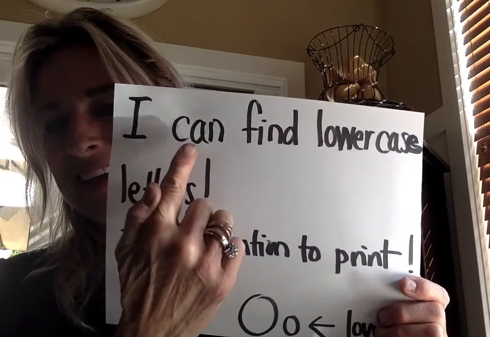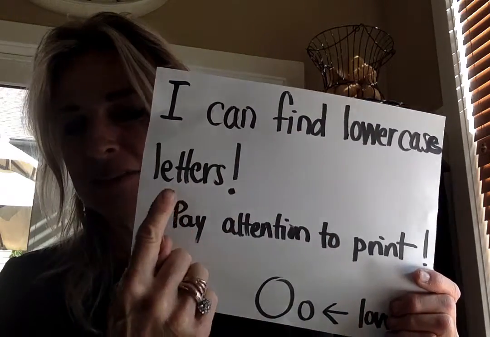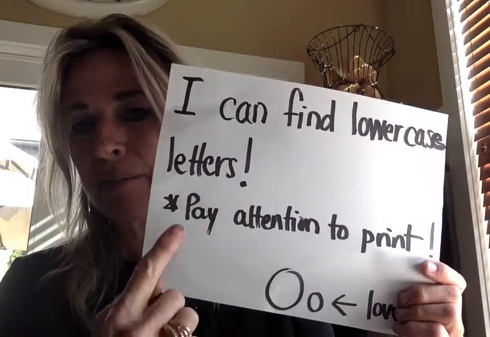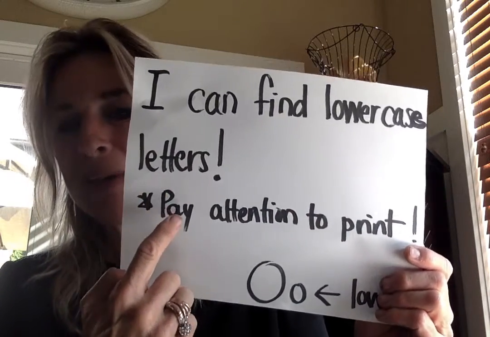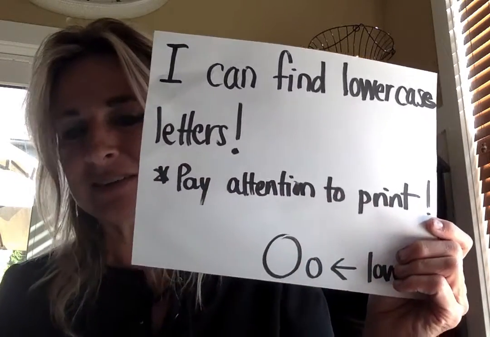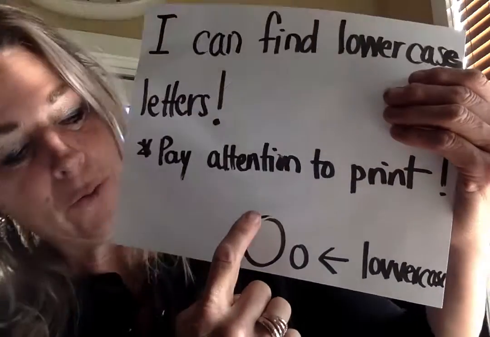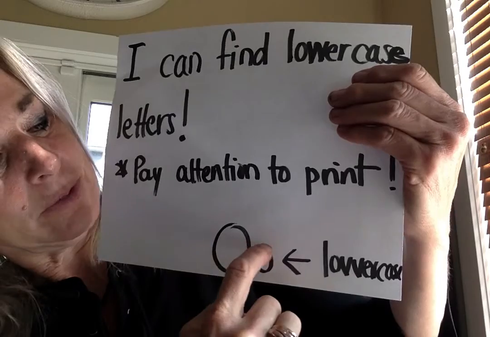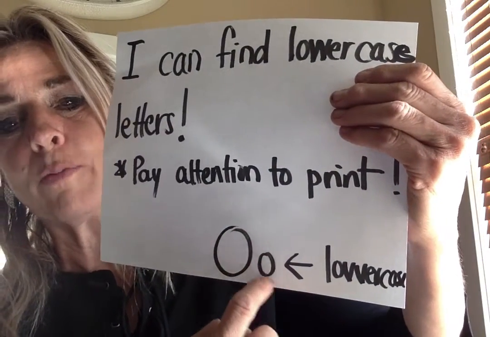Today, I can find lowercase letters. Pay attention to print. Everybody say that. Pay attention to print. Yesterday, we looked at the letter O. When we know it's shaped the same way, we move our hand the same way, and it looks almost like it.